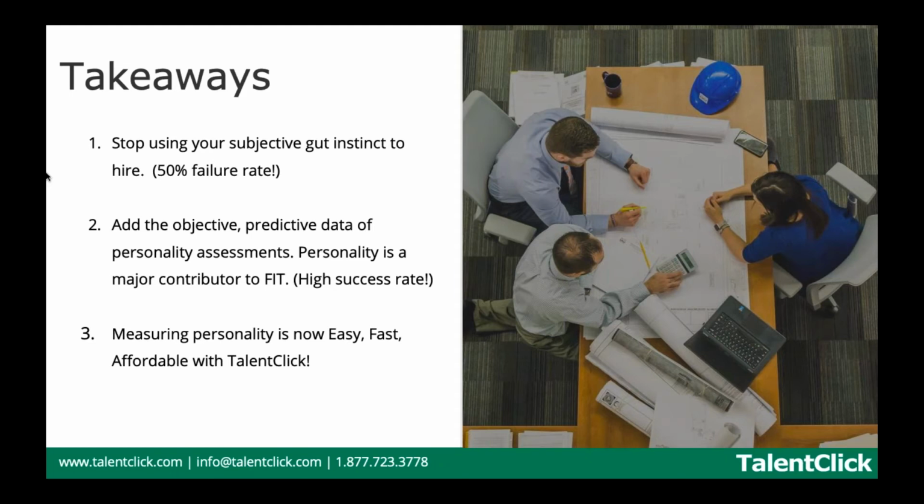Okay, bullet point number 2. If you add that objective predictive data in, you will go up to that higher success rate that I was talking about. That's the 75%. And bullet point number 3, as I was explaining earlier, measuring personality is now easier than it's ever been. It's faster and it's much more affordable with TalentClick in particular. I think there are a few of us out there that are now providing unlimited use subscriptions at a low cost.